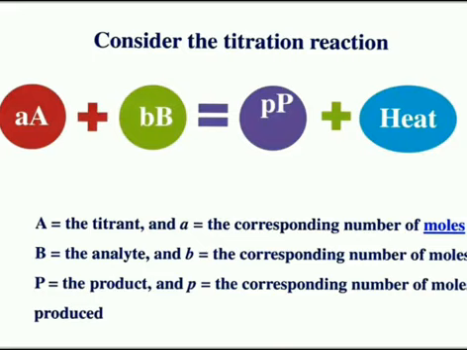Here A is the titrant and small a corresponds to the number of moles of A, and B is the analyte and small b is the corresponding number of moles of B, and P is the product, and small p is the corresponding number of moles produced during the titration.